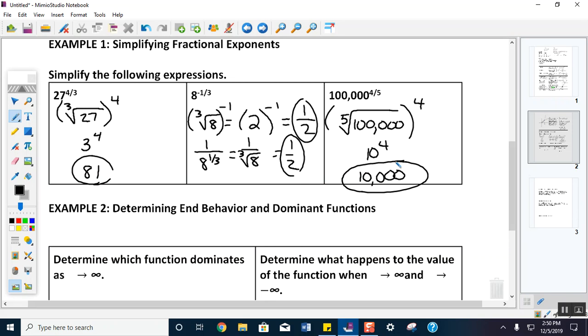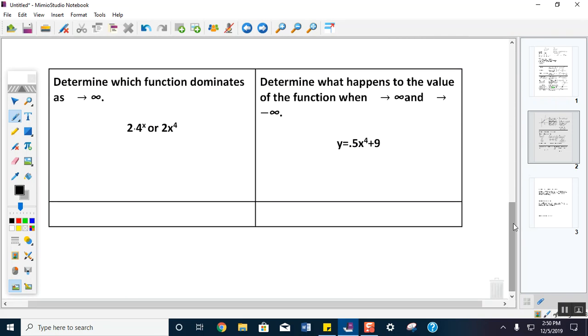Let's talk. I like these next problems. It says determine which function dominates as x approaches infinity. Is 2 times 4 to the x or 2x to the 4th going to dominate? 2 times 4 to the x. Why are you saying that? Because that one is an exponential and not a polynomial.